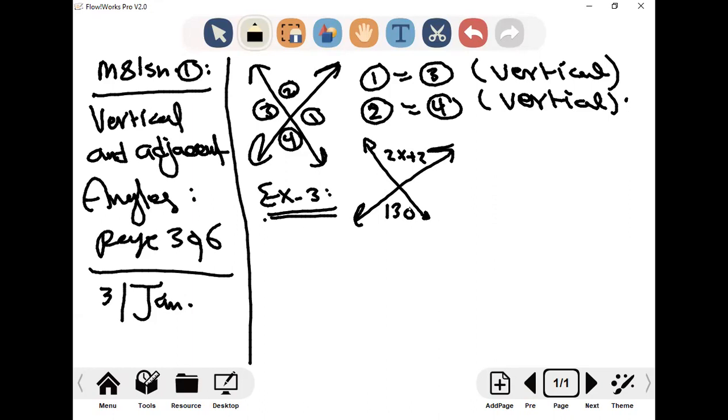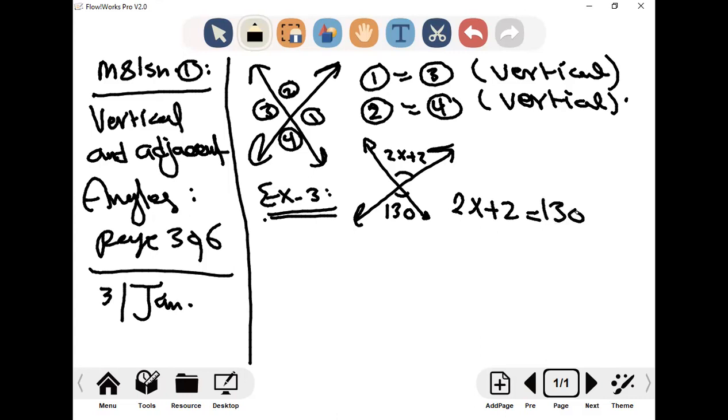Now this angle and this angle are what? Vertical, then they are equal. So put them equal: 2x plus 2 equals 130.